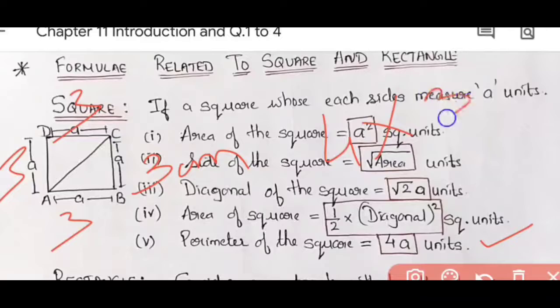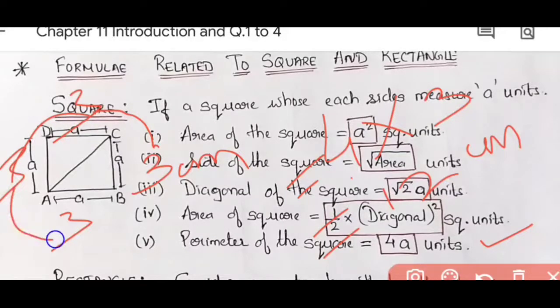And what is the side? 3. So you will get 4 3s are 12 centimeter. Even if you calculate 3 plus 3 is 6, 6 plus 3 is 9, plus 3 is 12, you will get the same answer. But this is the easiest method to calculate the perimeter of the square, if they have given you the side.